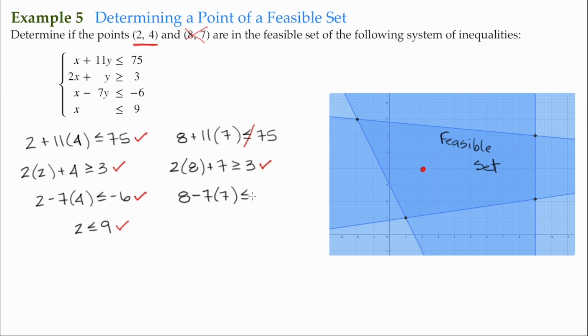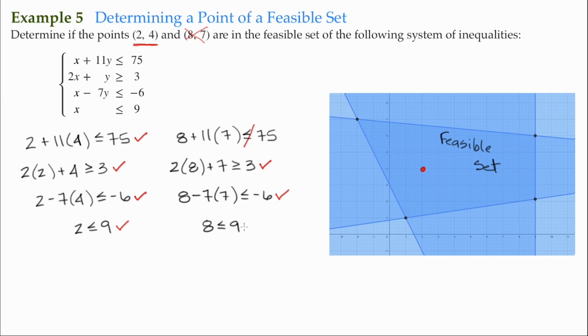Is that less than or equal to negative 6? 7 times 7 is 49. 8 minus 49 is negative 41. Negative 41 is less than or equal to negative 6. And of course, for the last one here, 8 is less than or equal to 9. So it does satisfy the last one.